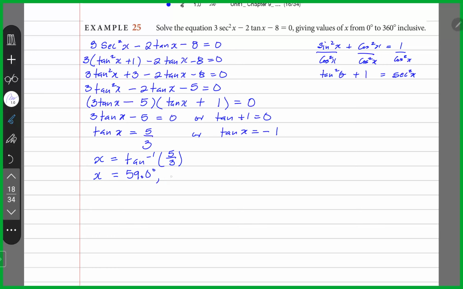The answer in the third quadrant, being the other quadrant in which tan is positive, would be 180 plus 59 degrees. So my answers are 59 degrees or 239 degrees.